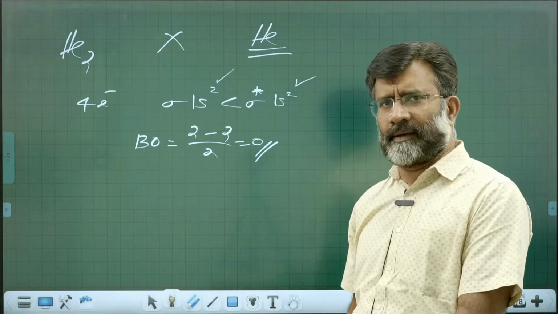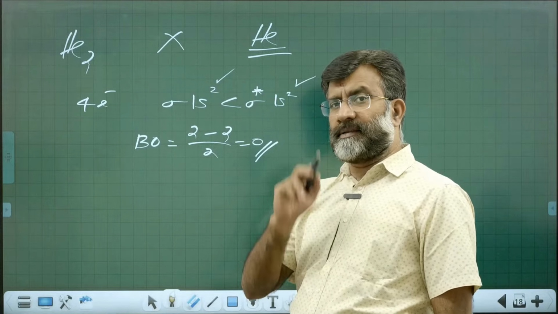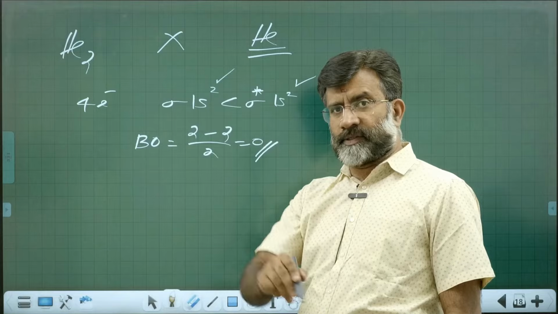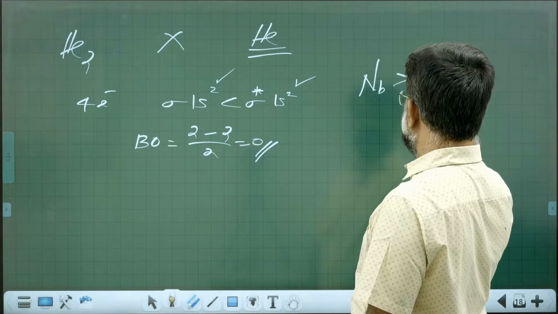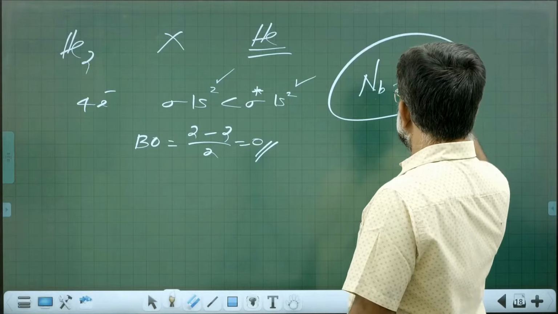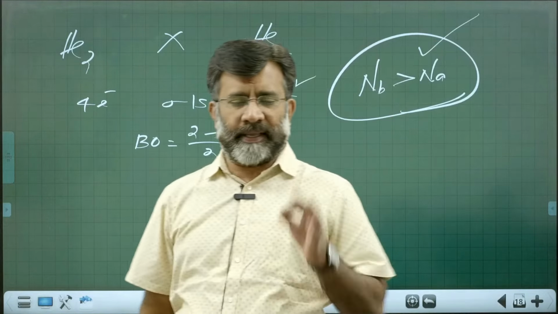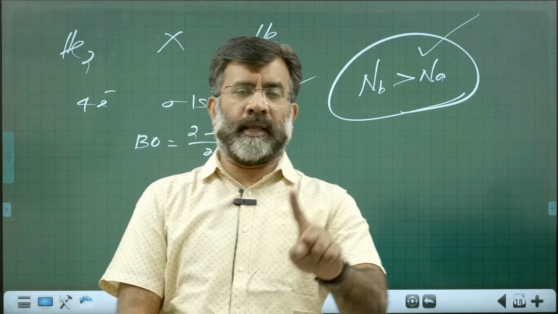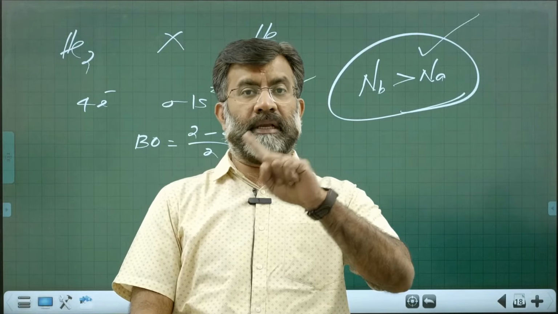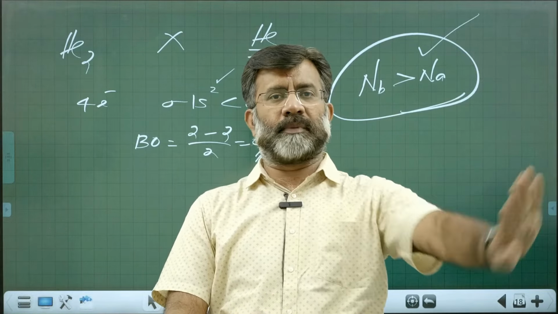MO theory clearly says a molecule can exist if and only if Nb is greater than Na. This is the condition for stability. If Nb is equal to Na or Nb is less than Na, such a system cannot exist.